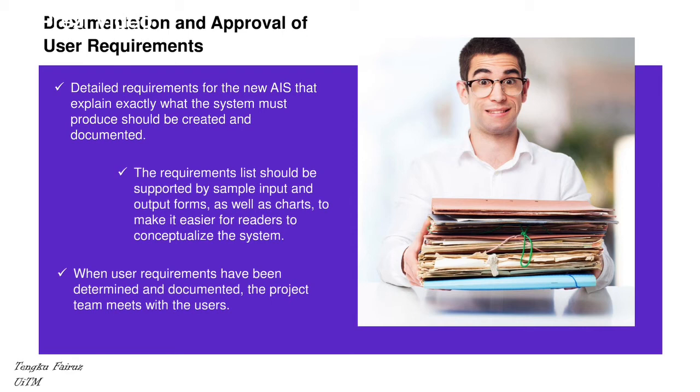Okay, and then when the user requirements have been determined and documented, the project team meets with the user. They will double check with the user and get feedback on whether those requirements are sufficient, or whether there is a miscommunication, for example, like we discussed in figure 20.5 just now.